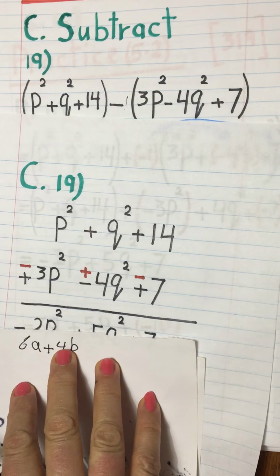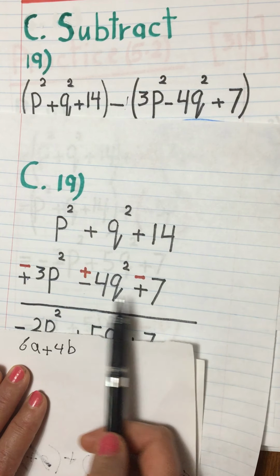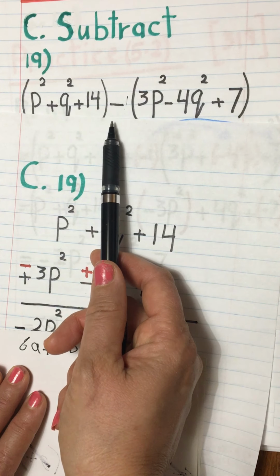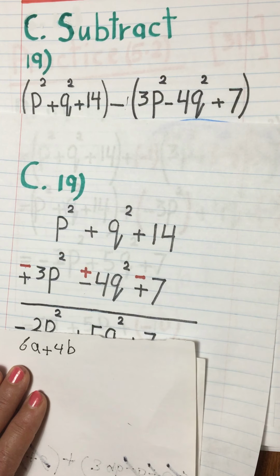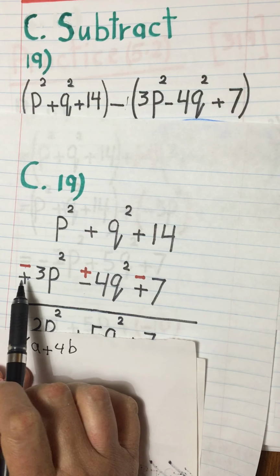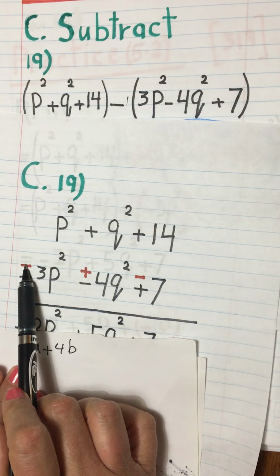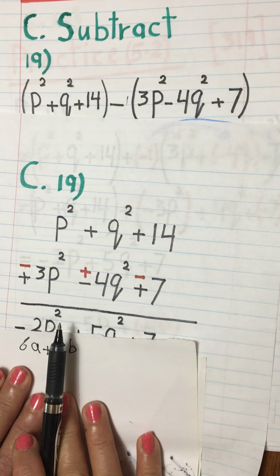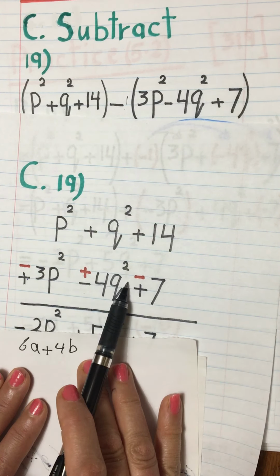The first step, I'm going to change the sign of each term, because I have to subtract these two polynomials. Positive to negative, negative to positive, positive to negative. The red signs are the new signs.